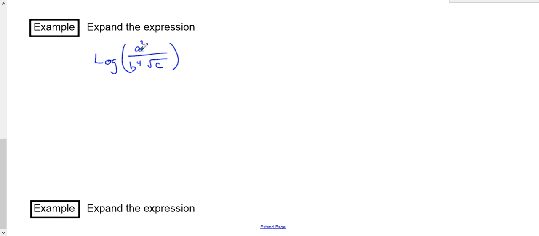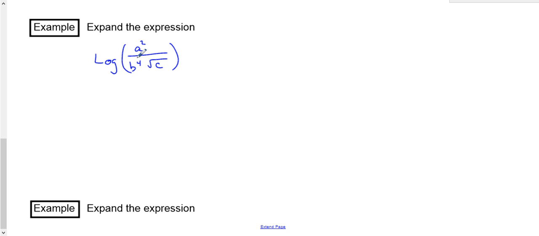All right, so here again I have division and I have a multiplication. So I have three expressions, three terms, whatever you want to call these, that are within this logarithmic expression. So I'm going to split this up into three logarithmic expressions.